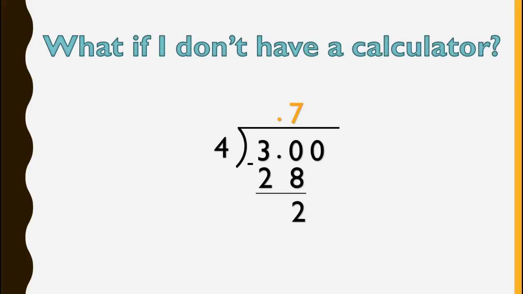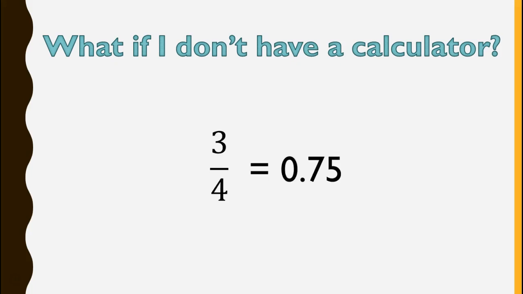I'm going to add another 0 and drop it down. Now, can I divide 4 into 20? I sure can. That would be 5 times. 5 times 4 is 20, and I get 0. And then I'm finished. So I can go back to my fraction. 3/4 equals 75/100. So I could do it with a calculator, or I could do it with long division. Either way works.